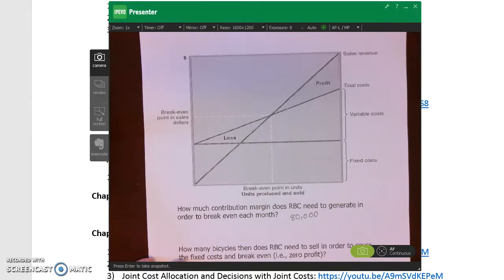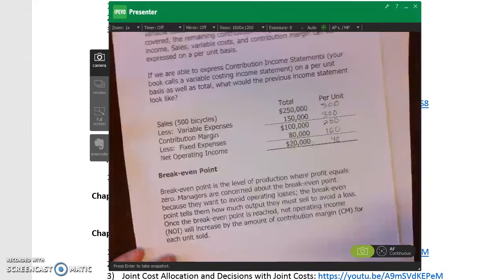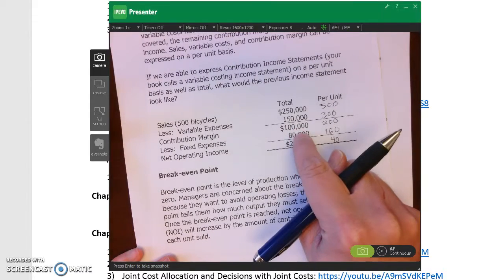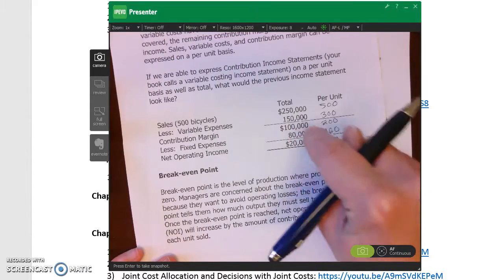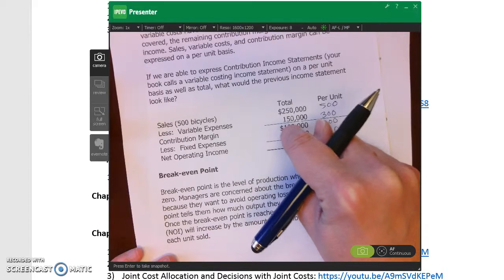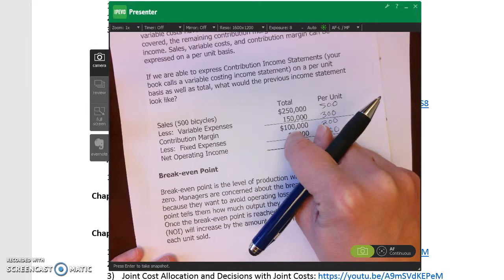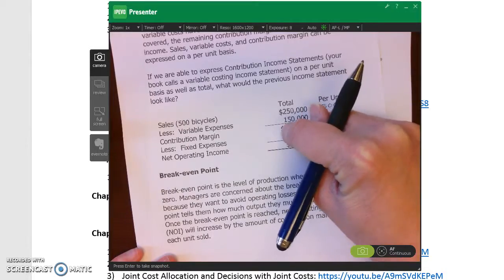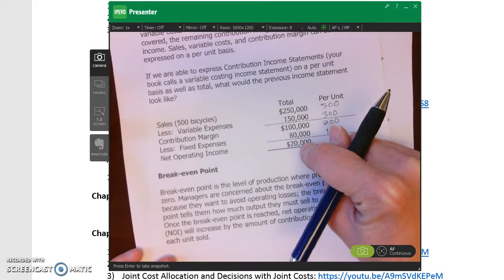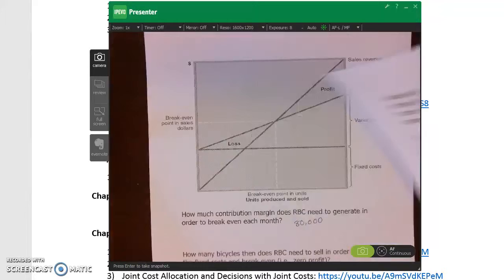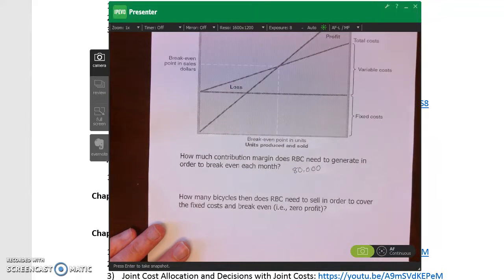Any contribution margin beyond the break even point becomes profit, and that's because if this is 80,000, 80,000 minus 80,000 is 0. At 80,000, I have enough contribution margin to cover my fixed costs. So any additional contribution margin flows down to net operating income. Okay? And that's what this diagram is showing you.